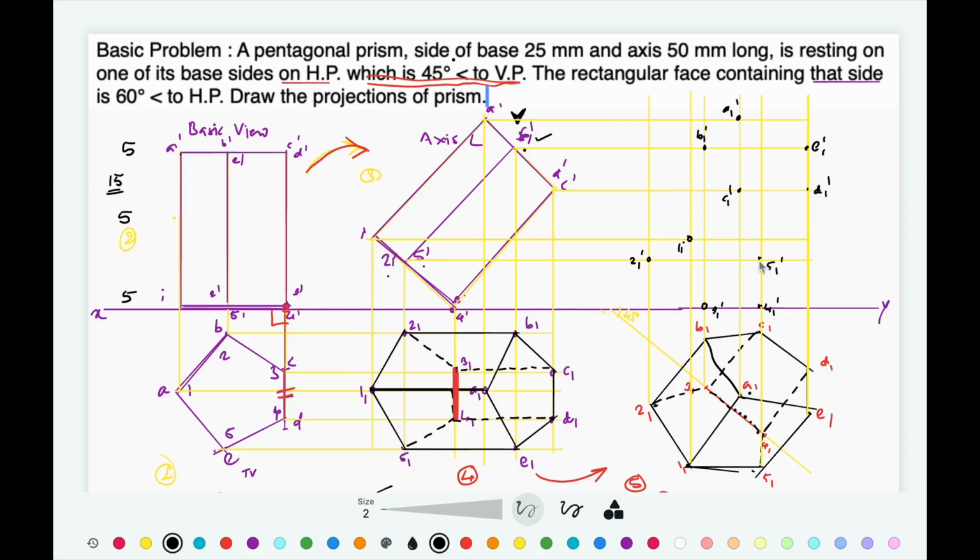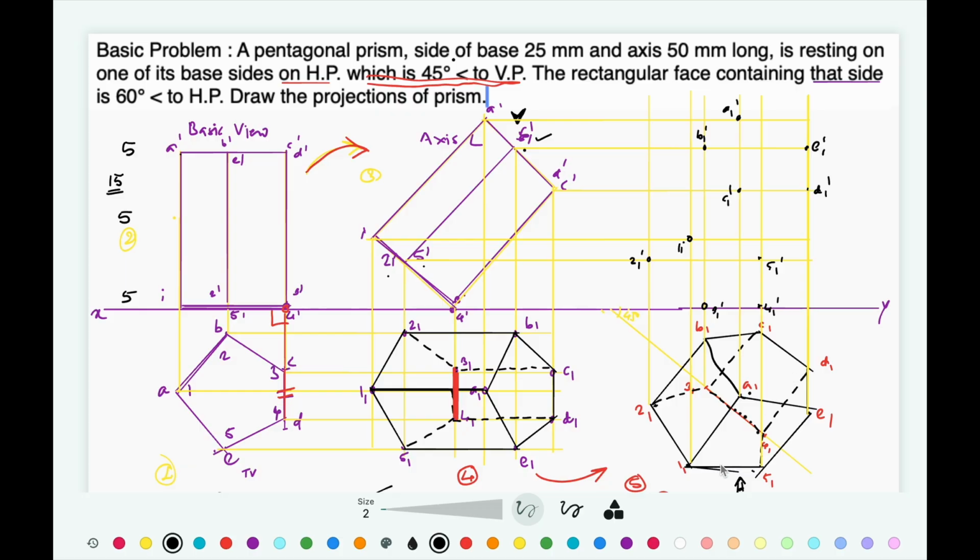Okay. Now when you draw this top view, first look at the object in the direction of the arrow and decide the visibility of the edges. Now this 1 2 3 4 5 pentagon is going to be near to the observer, so consider it as visible one, whereas this ABCDE is away from observer, so consider some portion of that pentagon visible and some portion invisible.